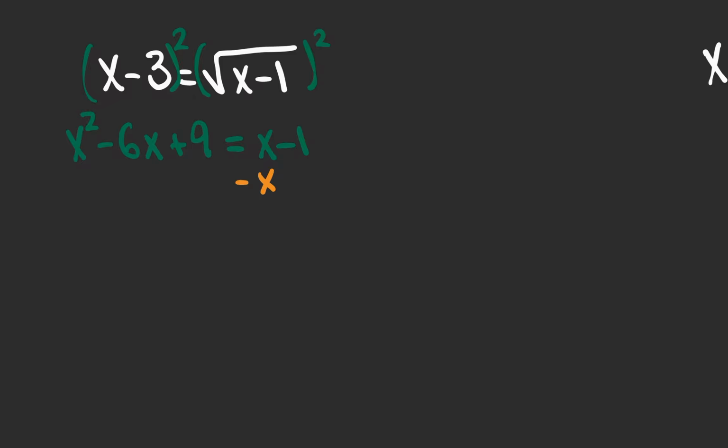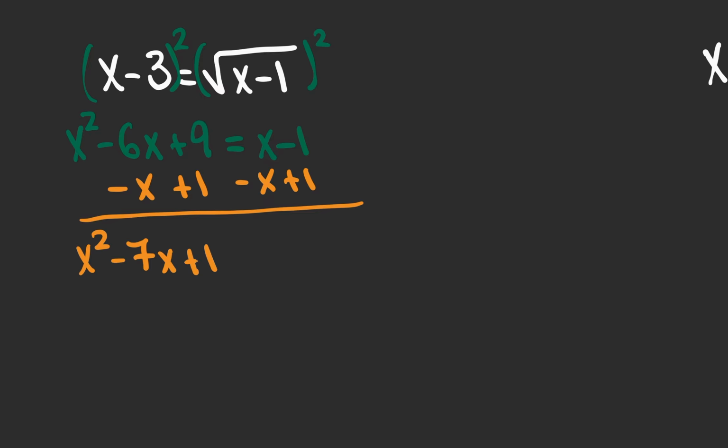I will then subtract x on both sides, and I will add 1 to both sides. I always want to move all the terms to the side that contains the x squared. In this case scenario, the left-hand side. This will leave me with x squared, there's no like term, minus 7x plus 10 is equal to 0.